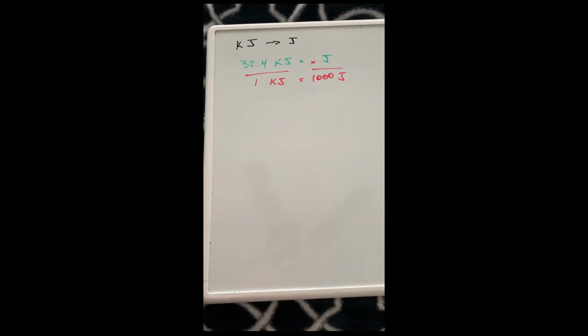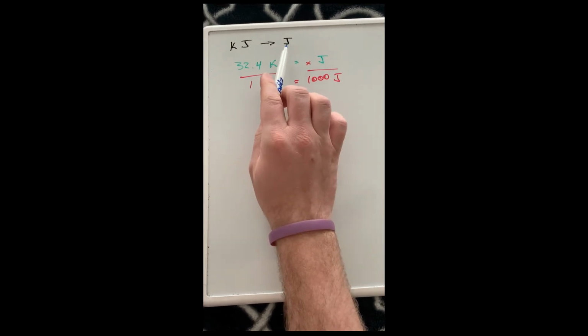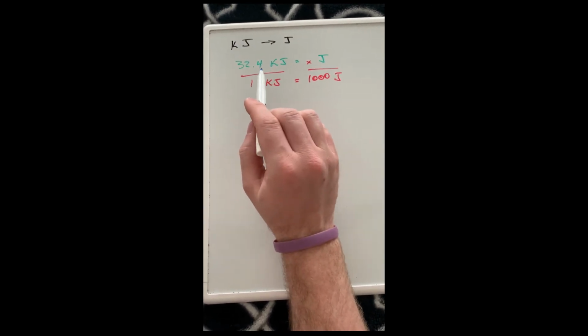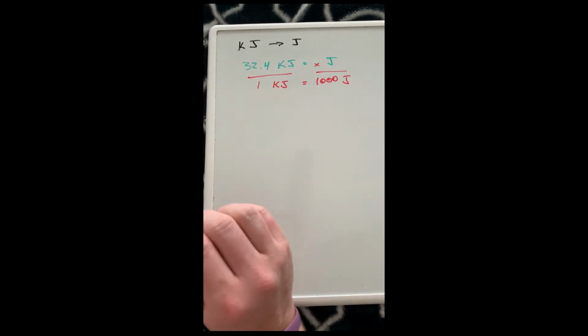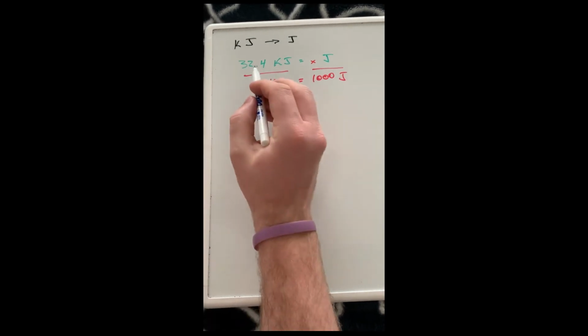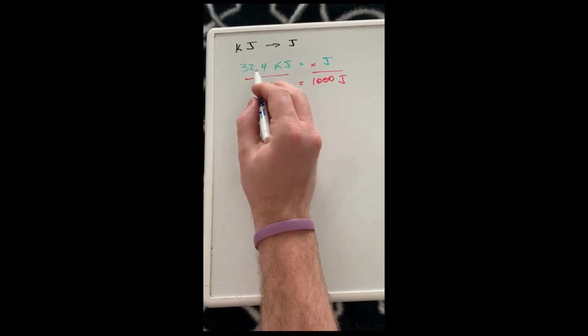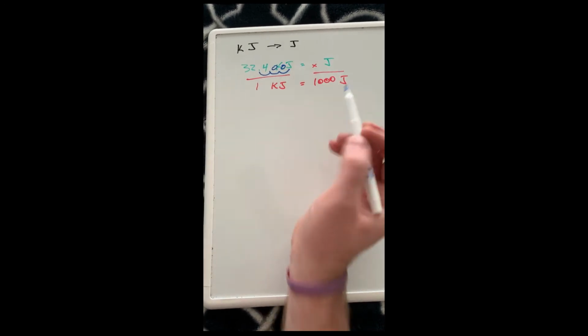Or we can remember our shortcut. If going from joules to kilojoules, we moved the decimal point 3 times to the left, then going from kilojoules to joules, we're going to move the decimal 3 times to the right. So I'm going to take this and move it 3 times. 1, 2, 3. These empty spaces I'm going to fill in with zeros.